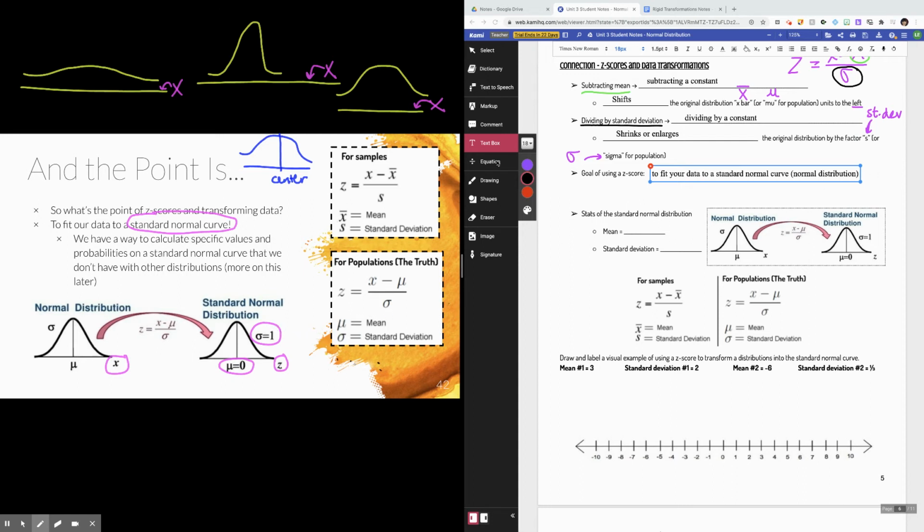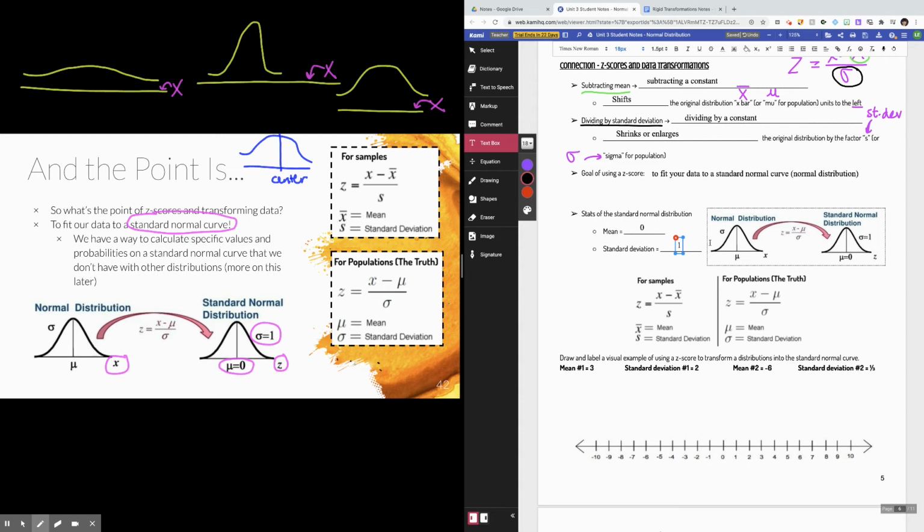Okay, so over on the right hand side here, if you're following along with notes, the mean of the standard normal distribution is always 0 and the standard deviation is always 1. Now you'll see there are two versions of the z-score formula that you see both in your notes and on the screen.